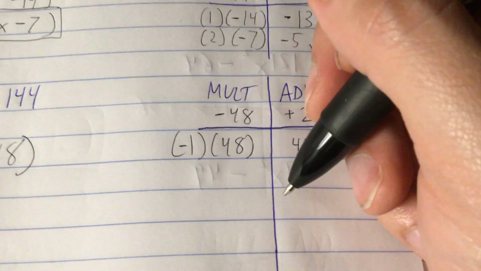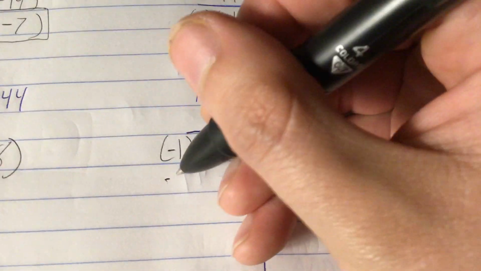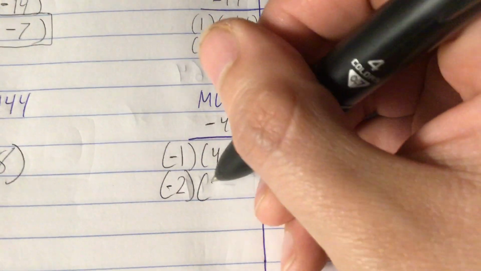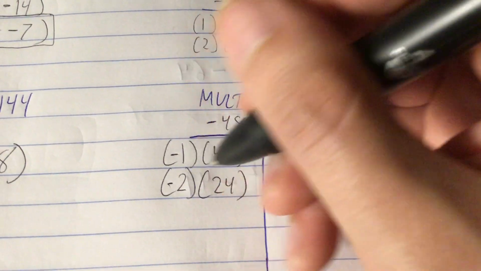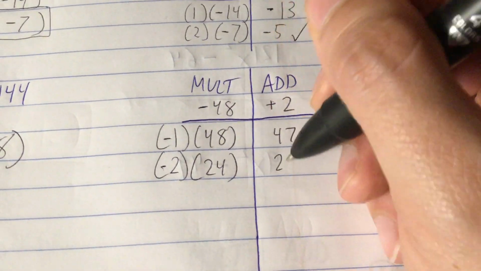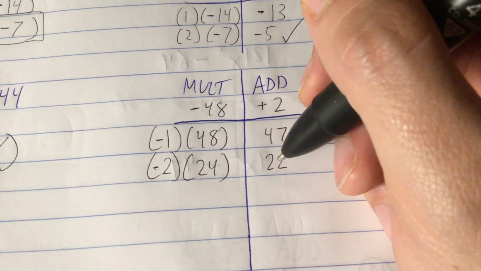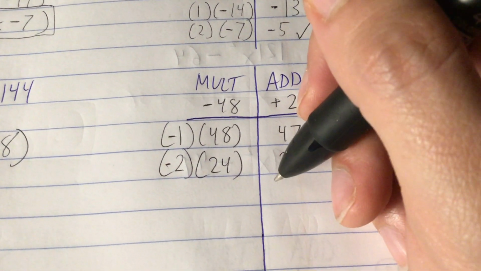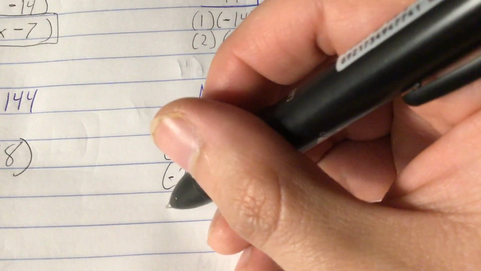It's not what I want. It's not even close, but we're going to get there. Can I divide by 2? Yeah, let's try negative 2 and positive 24. Negative 2 times positive 24 is negative 48, but negative 2 plus 24 is positive 22. Can I divide by 3? Yeah.